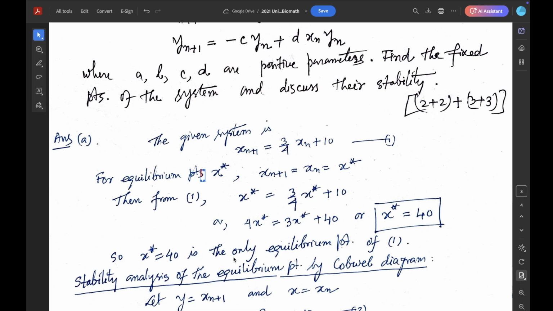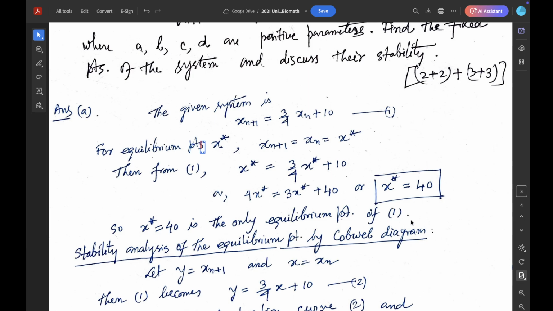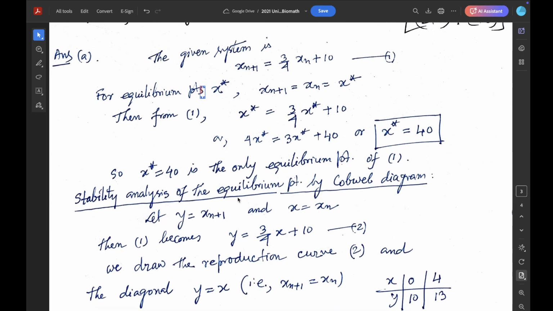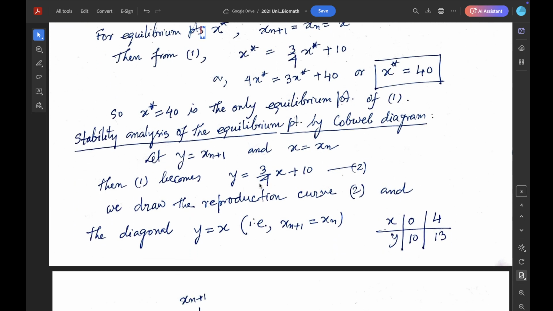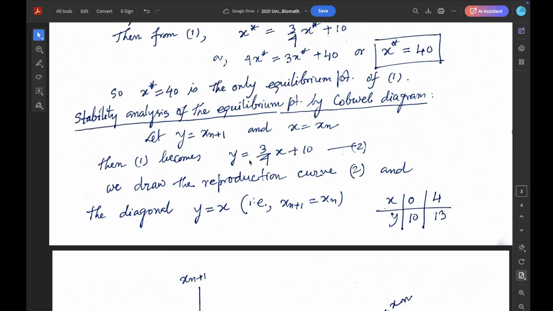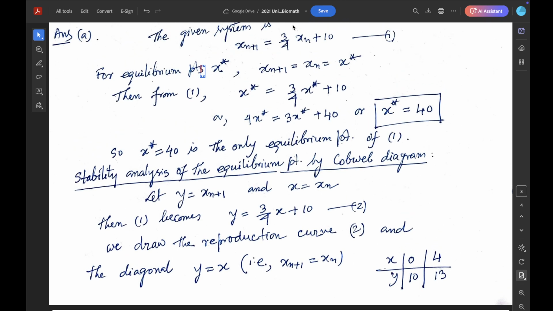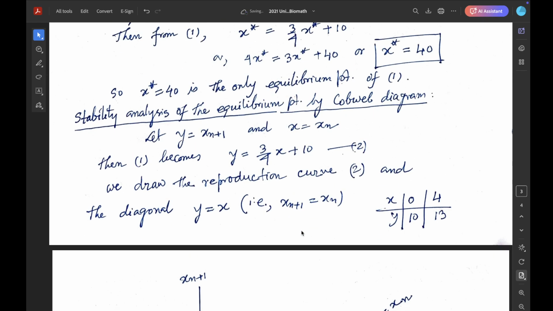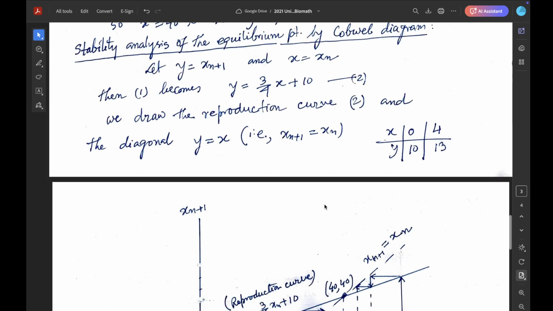So x star equals 40 is the only equilibrium point of system 1. Now for the stability analysis of this equilibrium point by cobweb diagram, let y equal x_{n+1} and x equal x_n. The given system becomes y = 3/4 x + 10, and this is the reproduction curve. The corresponding diagonal is y = x, that is x_{n+1} = x_n.